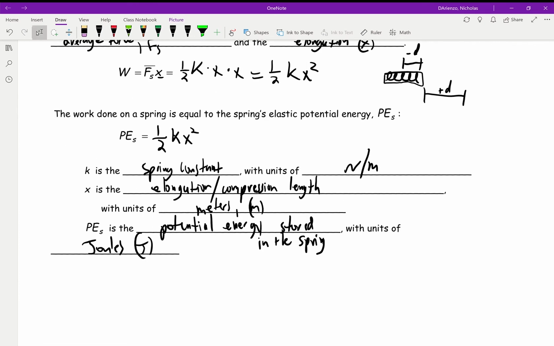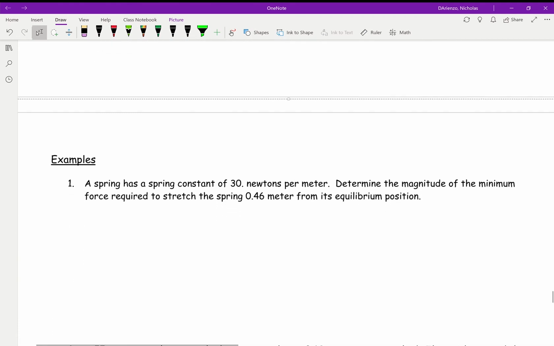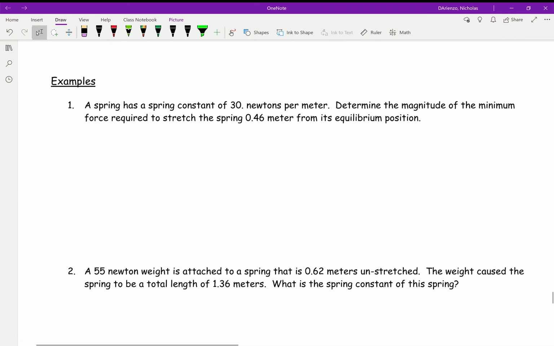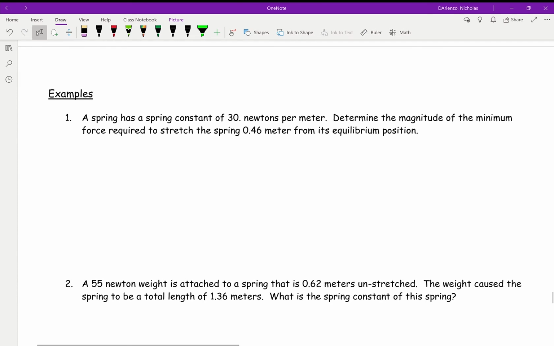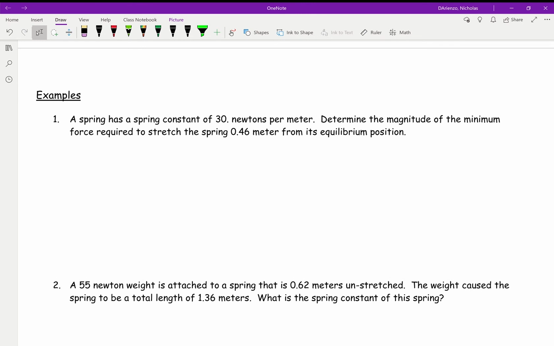I'm going to do a couple examples here, and then I'll do a couple of these in class, but I'll get you guys started with a couple of these here. We have a spring that has a spring constant of 30 newtons per meter.